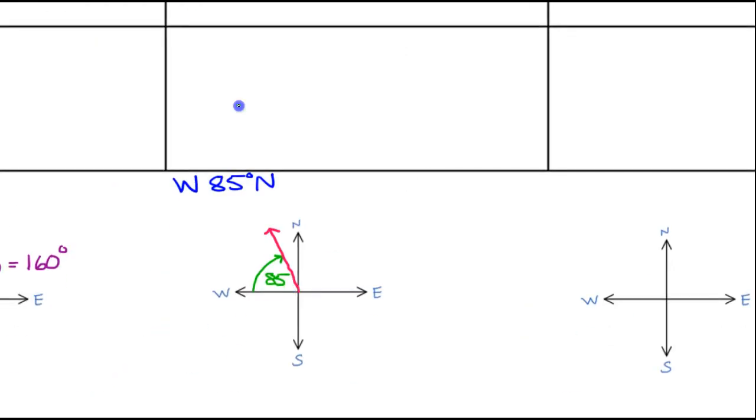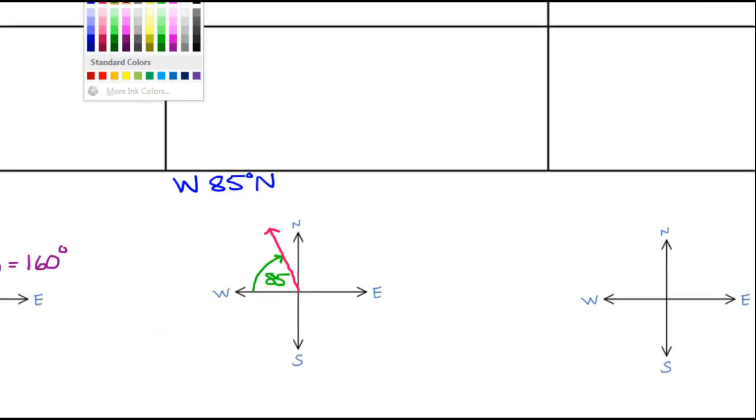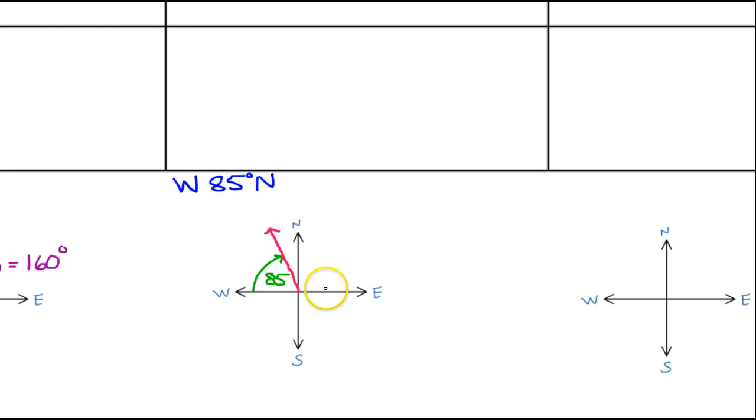Again, the angle that we need for the chart is the angle measured from the positive x-axis like this. We call it theta, and this angle should be 180 degrees minus 85, so this should be 95 degrees.